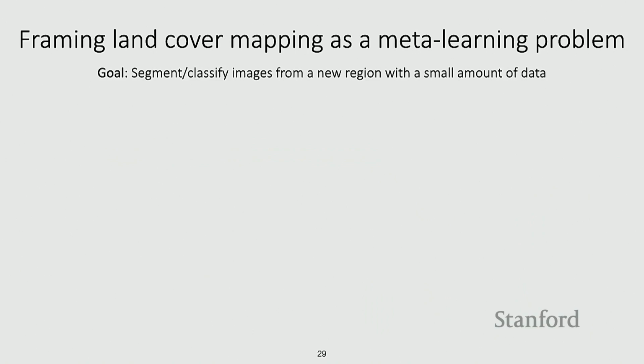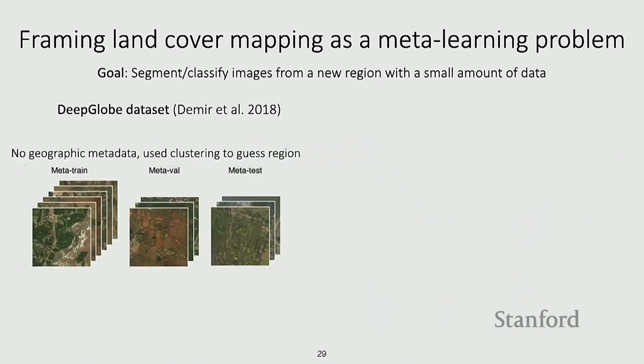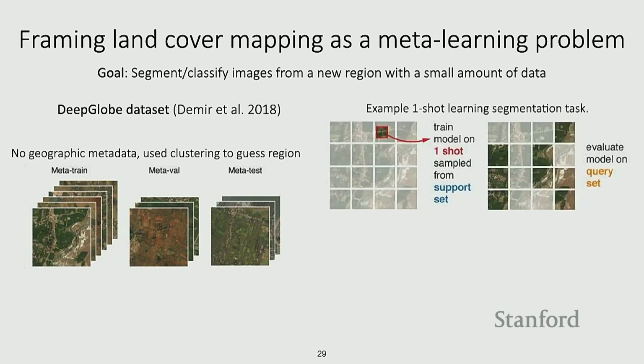Okay, so that was the first data set. They also looked at this DeepGlobe data set. Unfortunately, this data set didn't have any geographic metadata. It didn't actually have coordinates corresponding to where the satellite images are coming from. And so they had to roughly guess from the metadata. And they used clustering to do that.